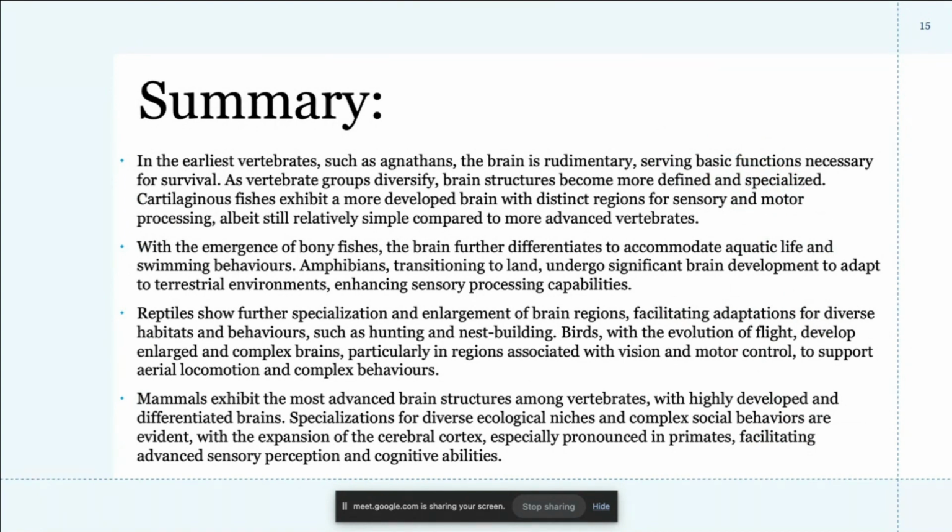And we also have advanced sensory perception and cognitive abilities, meaning that we're able to form thoughts. And this all comes with the change, the development of the cerebral cortex.